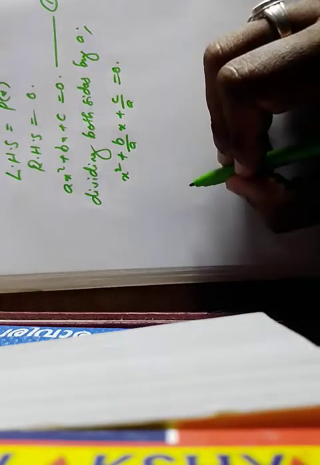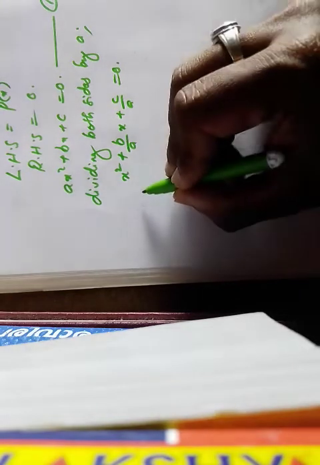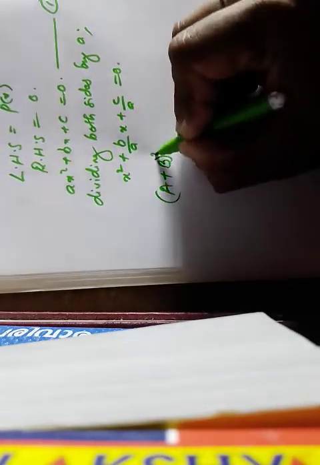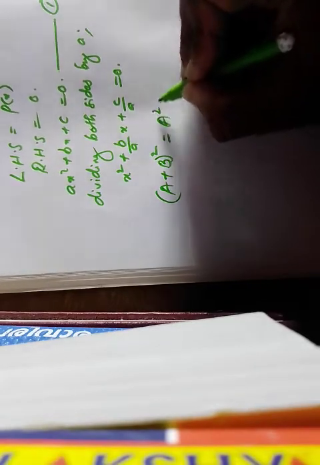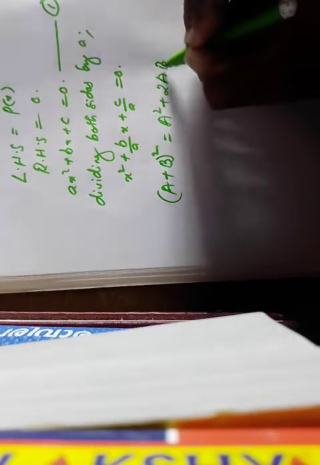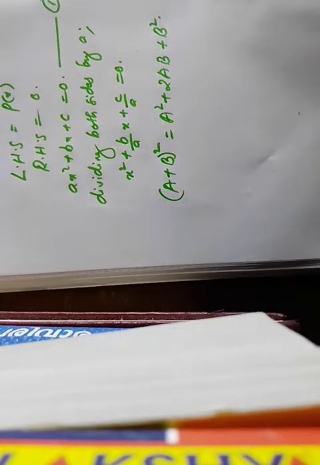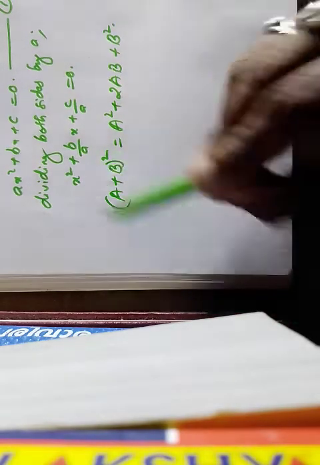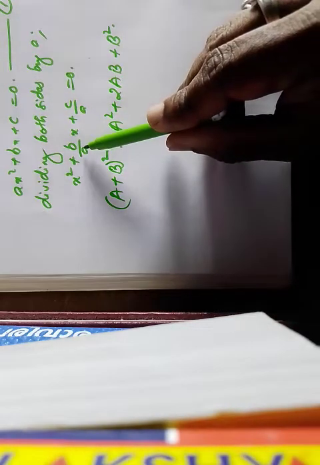Then what can we find out? Here it is similar to an identity, a plus b the whole square is equal to a square plus 2ab plus b square. In the place of a square it is x square, and 2ab is b by a into x.